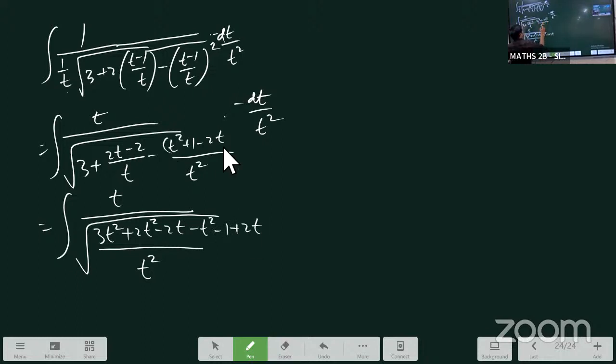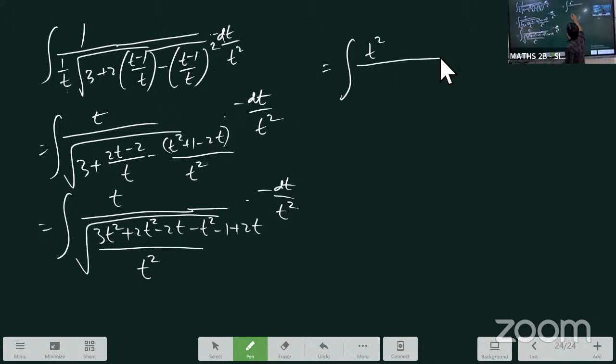Minus dt by t square. Now this t square comes outside the root. It becomes t, and that t comes to numerator. That is t square by under root of.